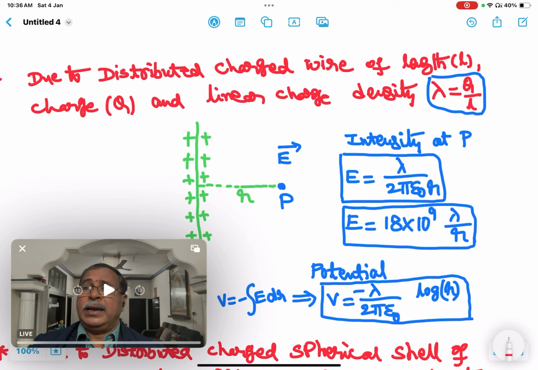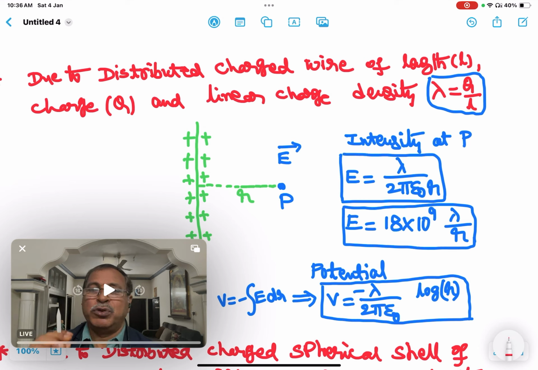Now intensity at this point, at a perpendicular distance r from the wire, is E equals lambda by 2 pi epsilon naught r. Lambda is given, r is given, and 1 by 2 pi epsilon naught is 18 into 10 power 9, my dear students. That is a constant value. So lambda and r values are given, you can calculate. Very simple formula.